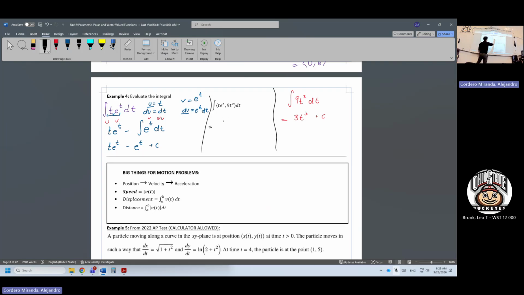I can say that integral is equal to this antiderivative, this red antiderivative: t e to the t minus e to the t, comma, 3t.